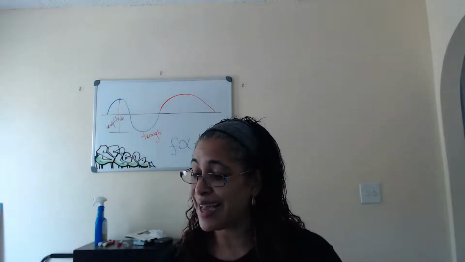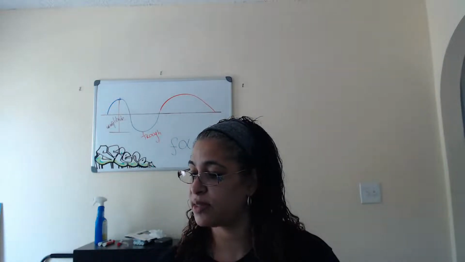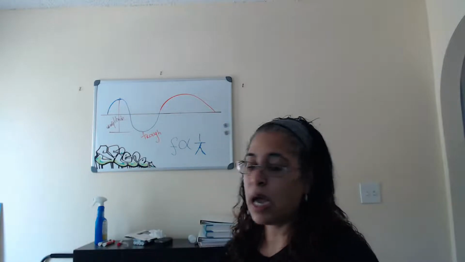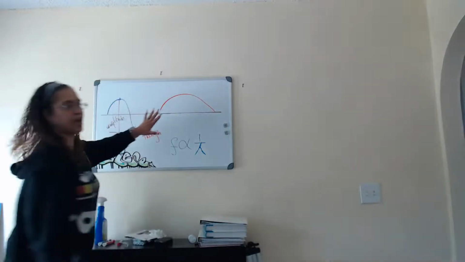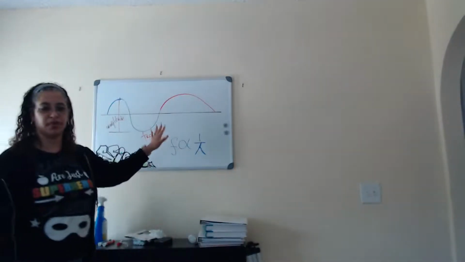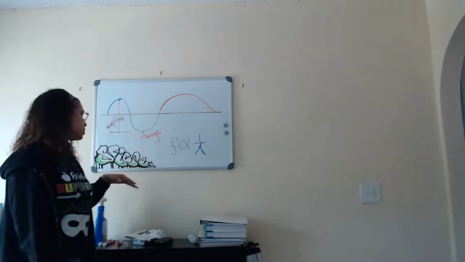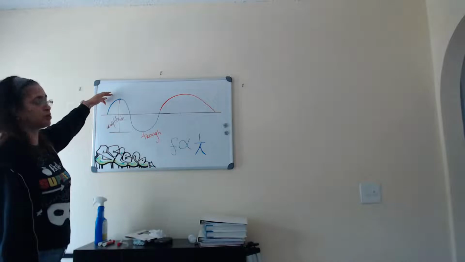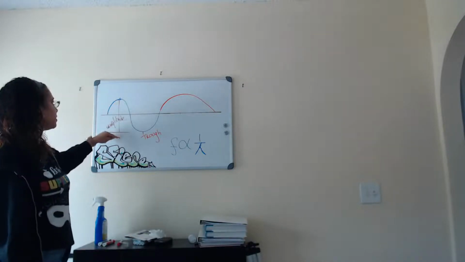All right, so looking at the test and what you need to know for the test. This diagram would be in one of the earlier videos that I did, though I changed it a little bit. We went over amplitude, which is from the origin point to the max point on the wave, either from here to here or here to here.